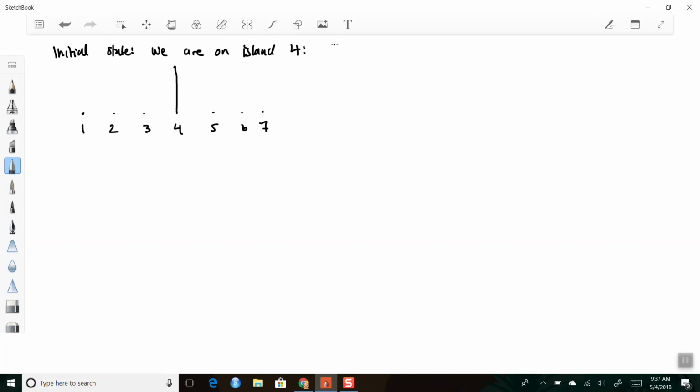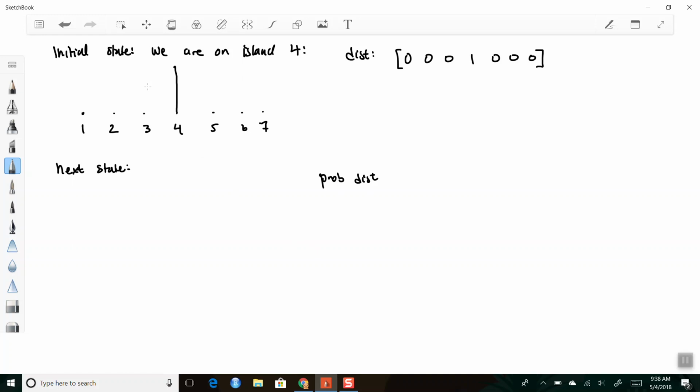Initial state, we're on island 4, so our distribution is going to be 0, 0, 0, 1, 0, 0, 0. Then for the next state, what is going to be our probability distribution?